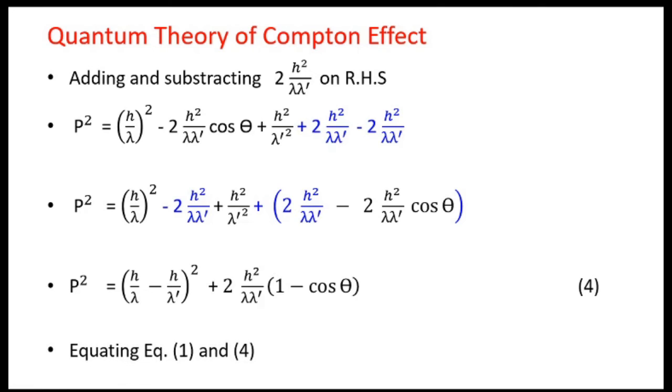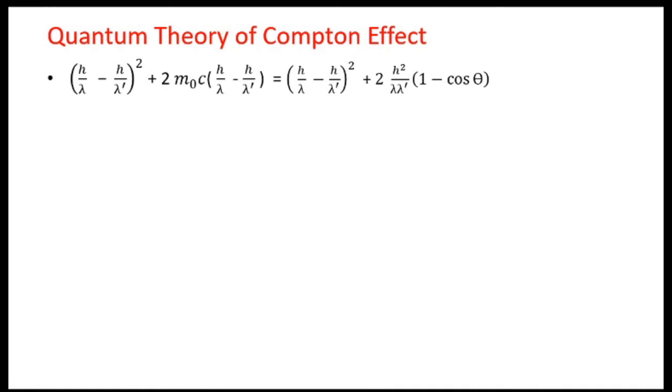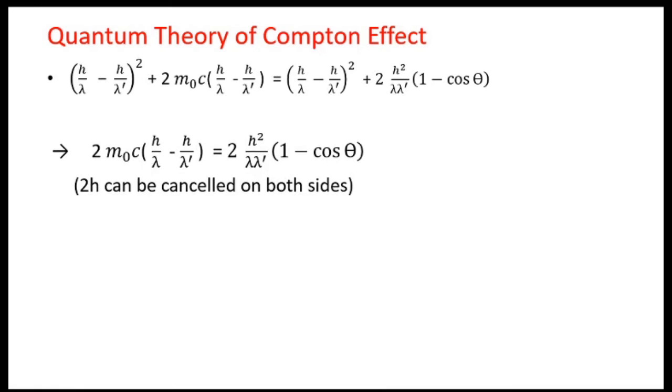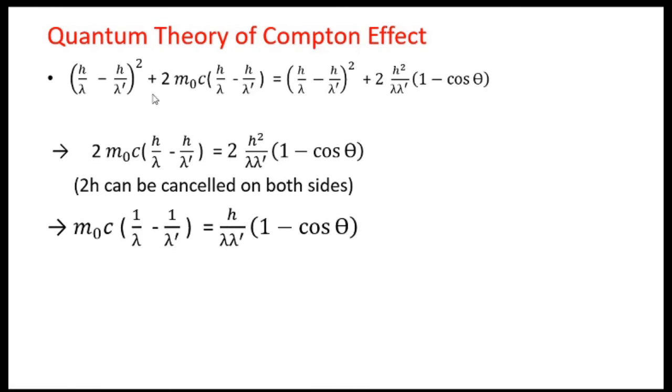Now, equating our equation number 1 and 4, both for p square, and making the necessary rearrangement, this term gets cancelled with this term, and finally you get m0 into c, into 1 by lambda minus 1 upon lambda dash, equal to h upon lambda lambda dash, into 1 minus cos of theta.